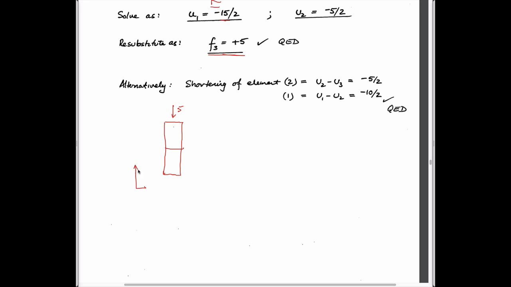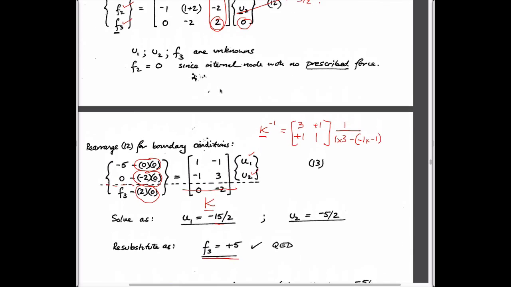We have a force here which is equal to y pointing upwards. And so the magnitude of F3, which is our reaction, is plus 5 in this direction. And so that makes perfect sense, is that you have a reaction equal and opposite to the other force that's being applied.